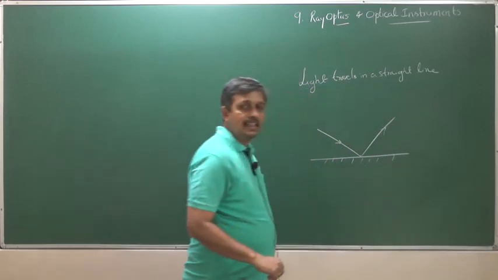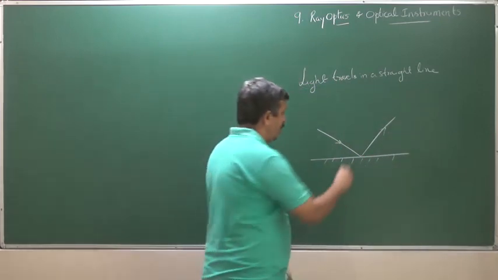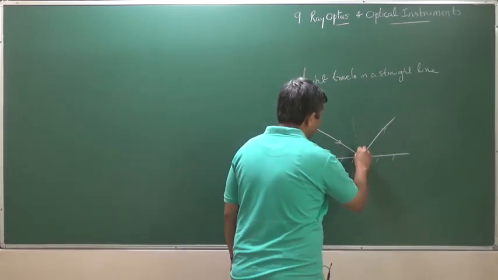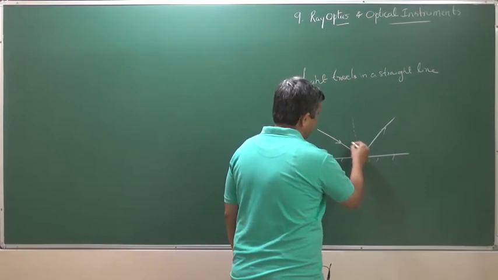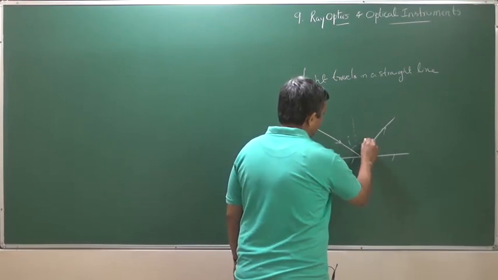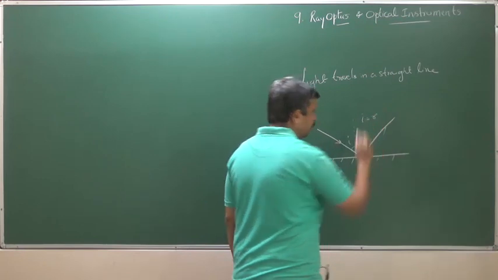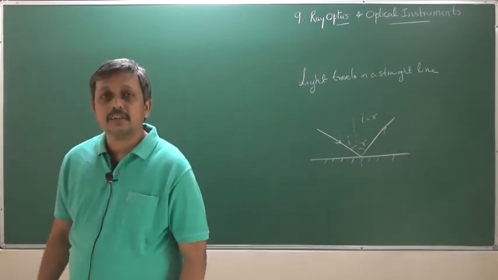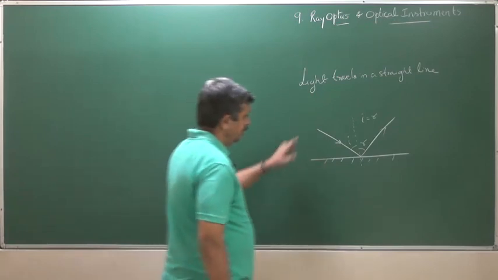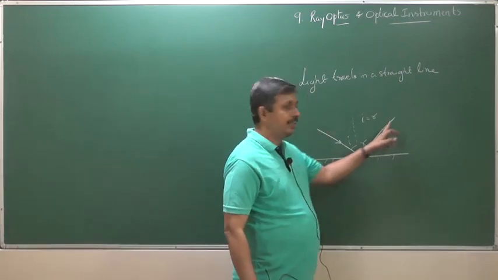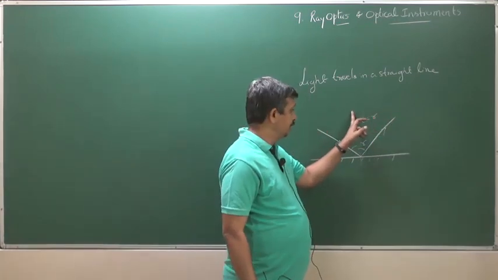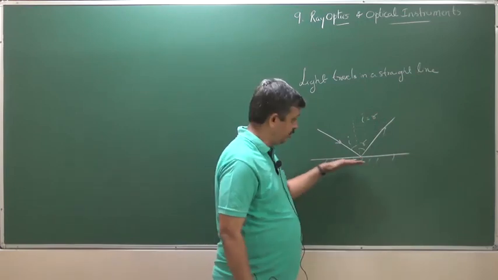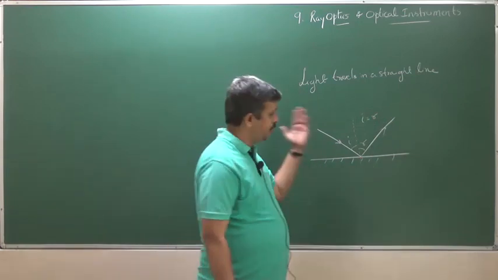The laws that get followed because of that are what we call the laws of reflection, which you have studied always. Angle of incidence is equal to angle of reflection. That is one law. In fact, the first law is that the incident ray, the reflected ray, and the normal drawn to the surface all three lie on the same plane.